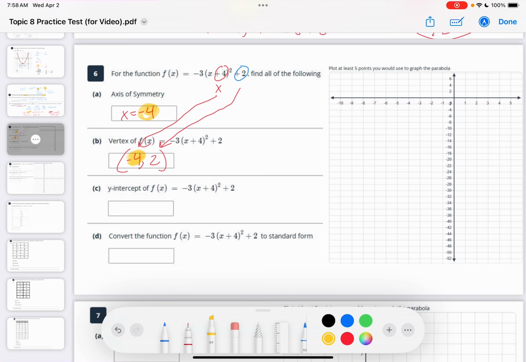The y-intercept piece, without going to standard form, which we do need to do in D, so we could jump to that. But if you don't actually have to do the standard form, or if you want to double check, the y-intercept is going to be found by taking the x value and replacing it with 0.